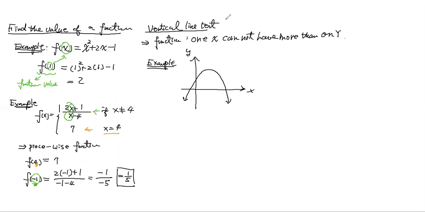Because if you put a vertical line, it doesn't matter where you put the vertical line, how many y's does it touch? Only one y, right? So we say yes, this is a function, passing the vertical line test.